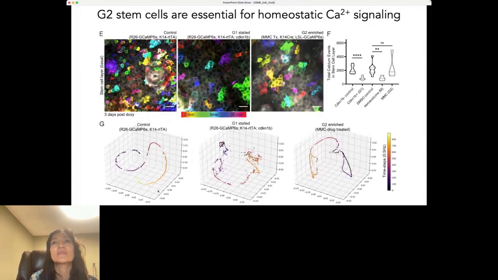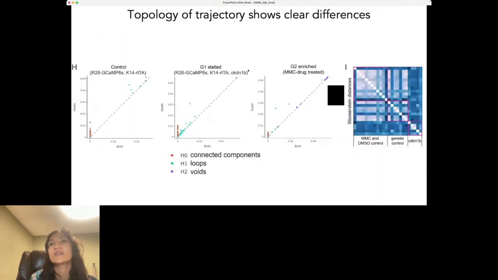You can do the same thing with the topology. The topology gives you a neat way of quantifying it, and you can measure the Wasserstein distance between these different persistence diagrams, and you can see that the ones that are enriched for G2 all act very differently than the ones that are stalled and the ones that are control.